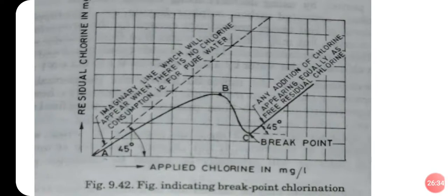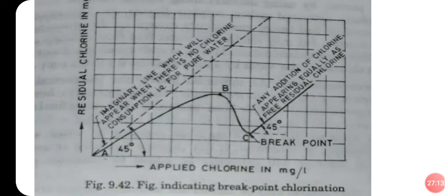In the graph, from A up to point B, the line indicates that whatever applied chlorine is utilized by the ammonia. Up to B, the chlorine-ammonia reaction takes place and the ammonia is finished. Beyond B up to C, what is happening is that organic matter is consumed.